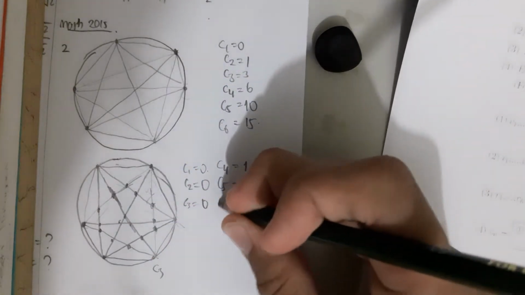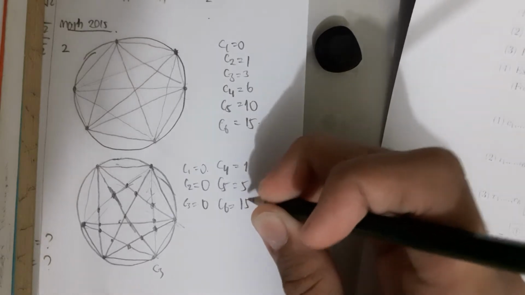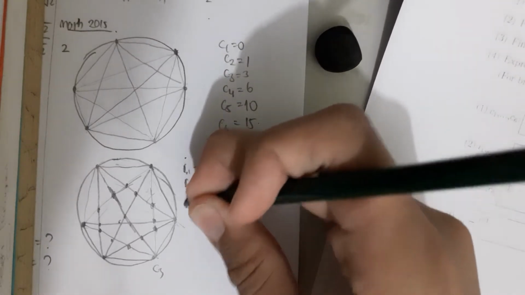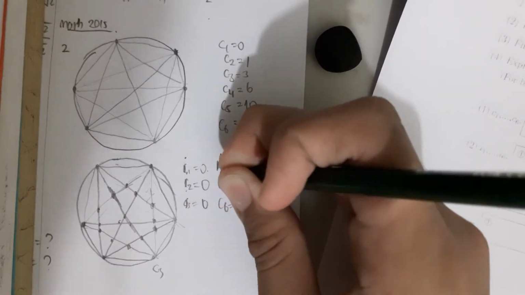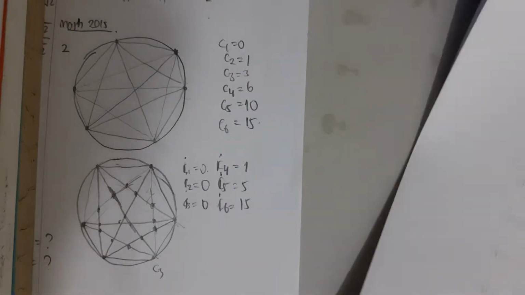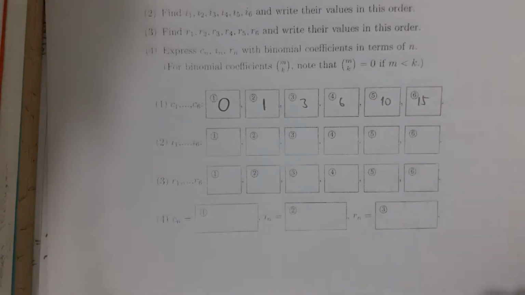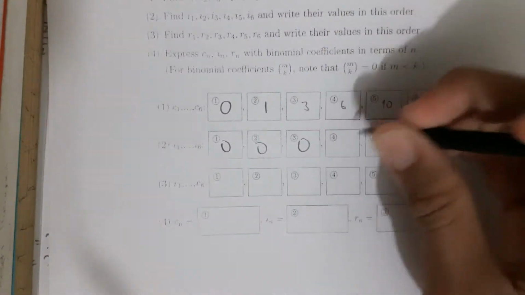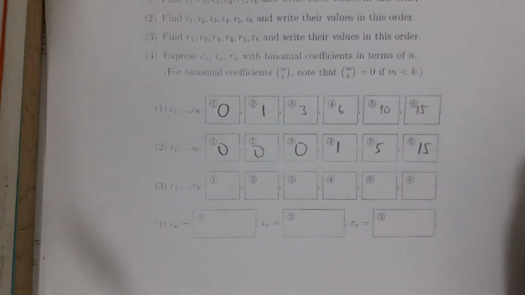So there are 15 intersections for 6 points. So the values are 0, 0, 0, 1, 5, 15. We're going to paste them: 0, 0, 0, 1, 5, 15.